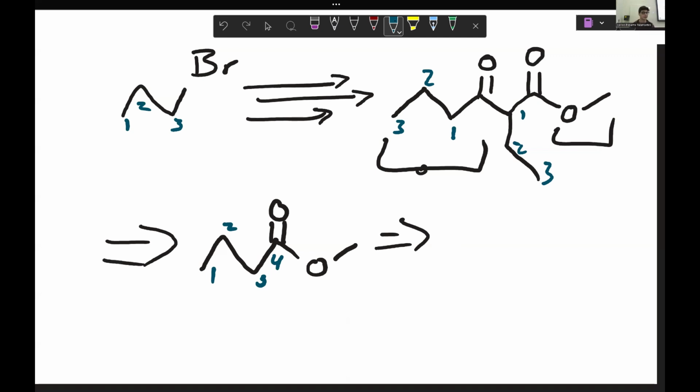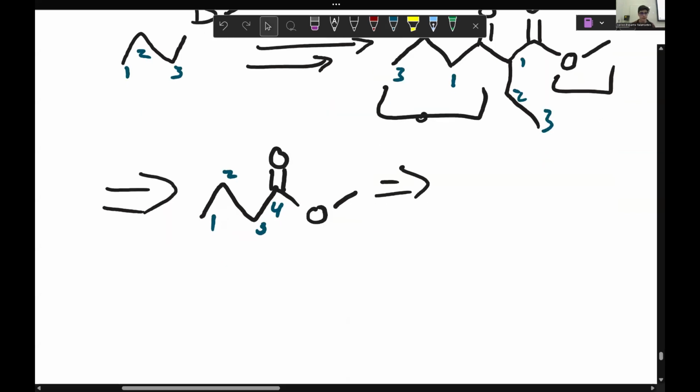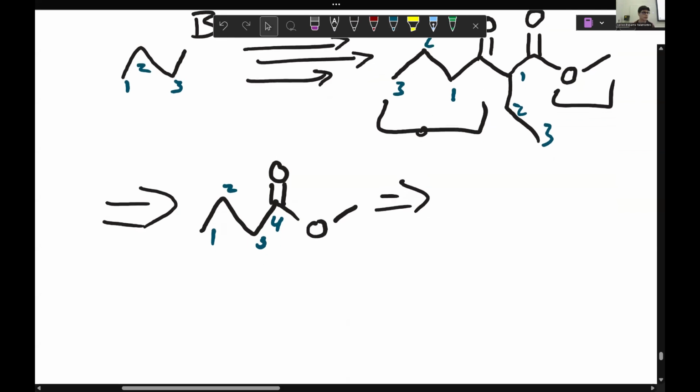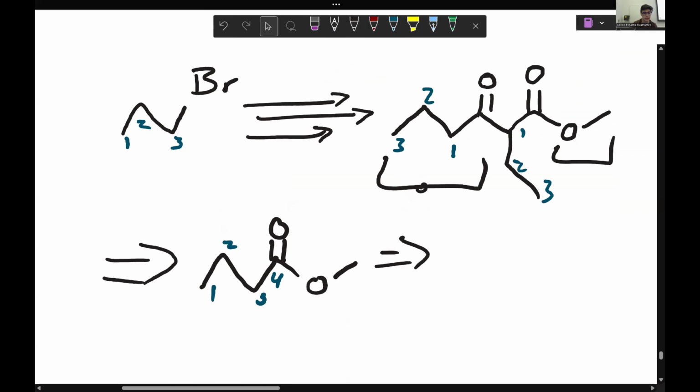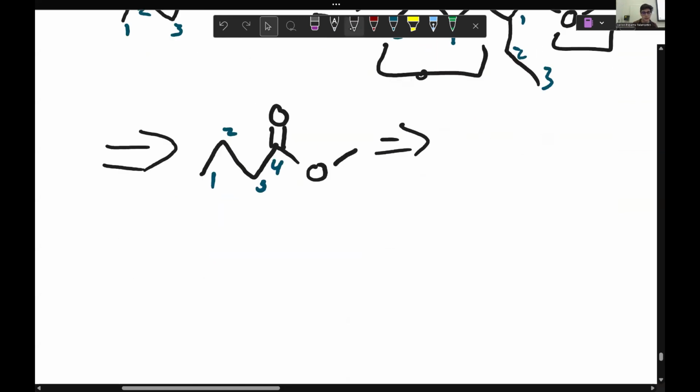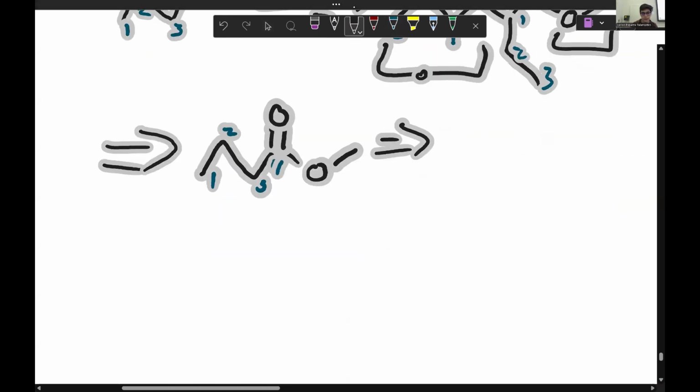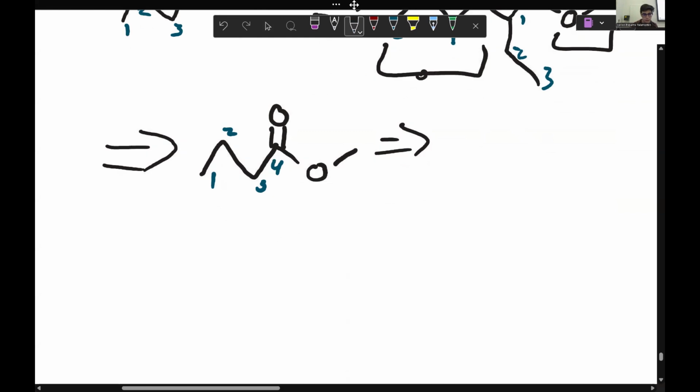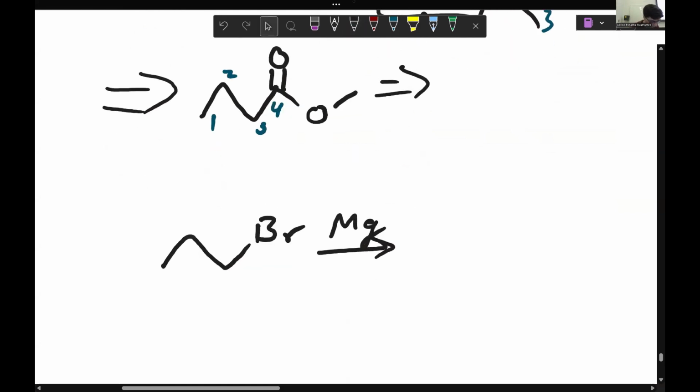So we threw out Grignard, because that's a good way to alkylate. So let's think about that. Let's say we have our bromine, and we form our Grignard with our magnesium.